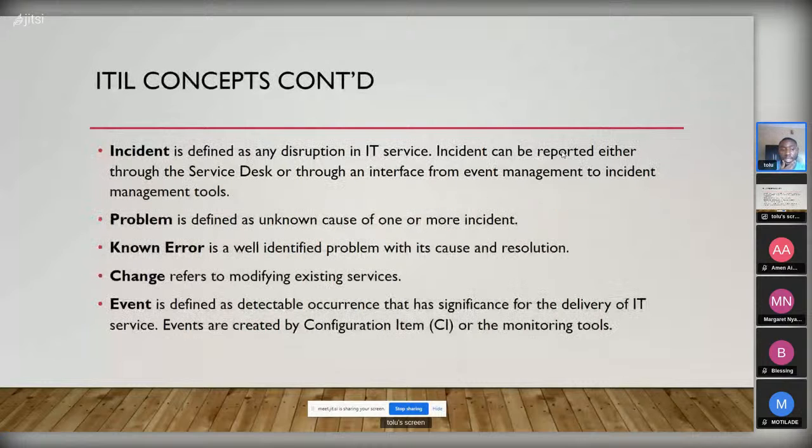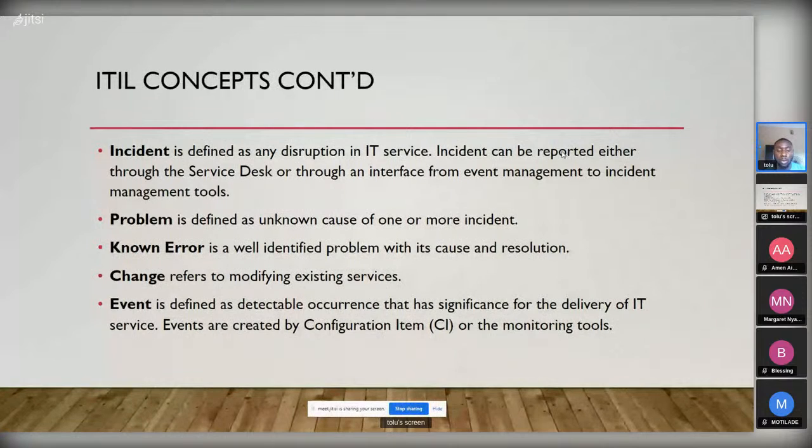So now you have incidents being tracked. An incident is defined as any disruption in IT service that can be reported either through a service desk or through an interface from the event manager to the incident management tool. A problem is defined as a known cause of one or more incidents.